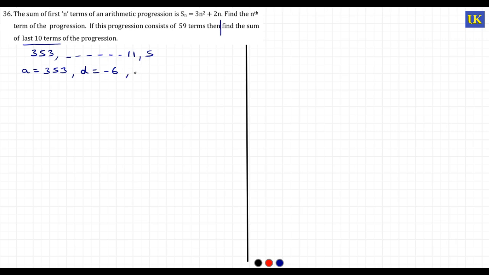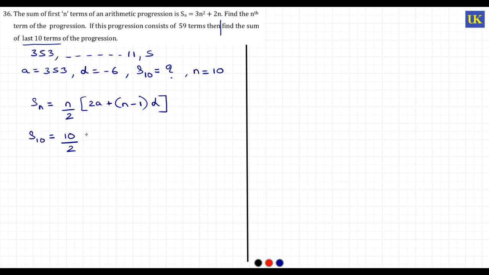Then we have to find S_10, the sum of the last 10 terms, and the n value will be 10 because we want the sum of the last 10 terms. Now we'll take the formula: S_n is equal to n upon 2 into (2a plus (n minus 1) into d). So 10 divided by 2, because n is 10.